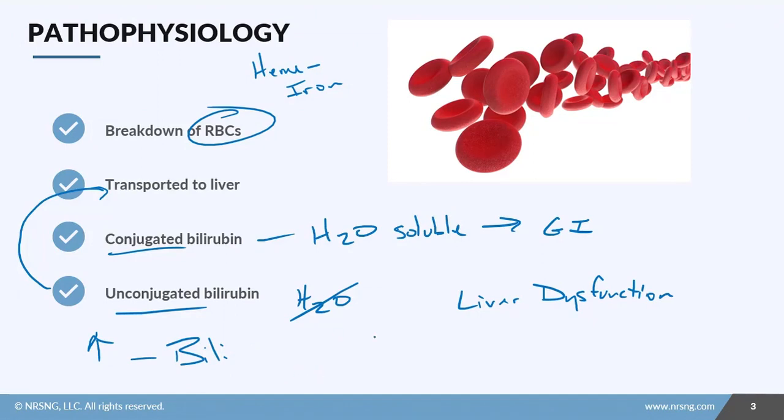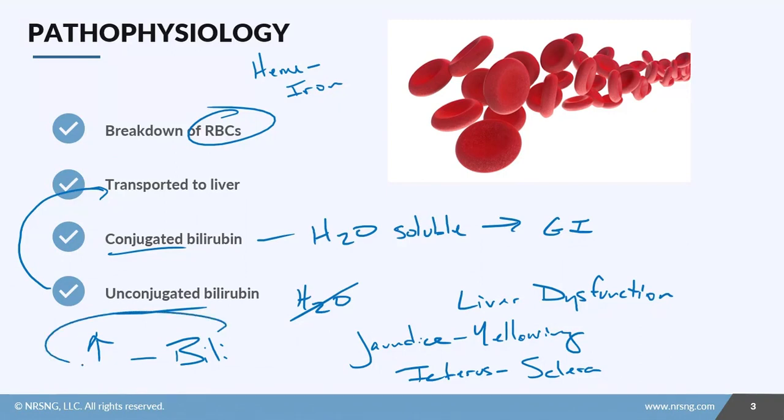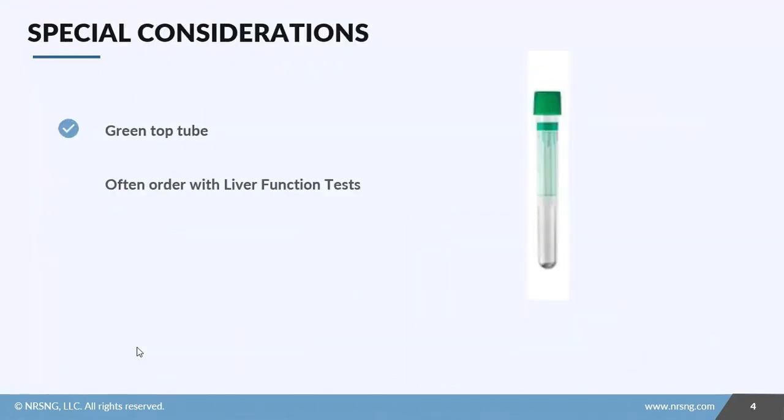You're going to see patients start to demonstrate signs of this, typically in two ways: jaundice, or a yellowing of the skin, or icterus, which is a yellowing of the sclera, the white portion of the eye. If you see this, you're going to have an increase in bilirubin, and we need to figure out why it's happening. We need to take a closer look at our patients that have that high bilirubin and see what's going on with their liver.